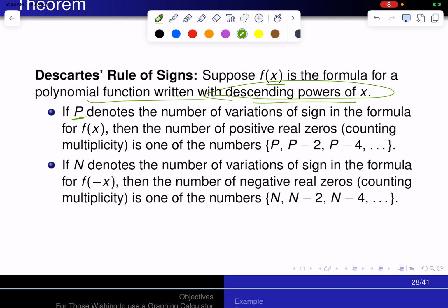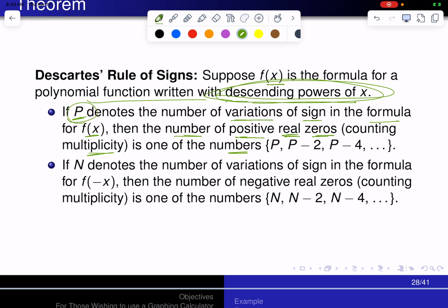So it says, let capital P denote the number of variations of signs in the formula f of x. You take your original polynomial in descending order, and you see how many times it switches signs in the terms. You're just going to count the number of sign variations. Then the number of positive real zeros, counting multiplicity, is one of the following numbers.